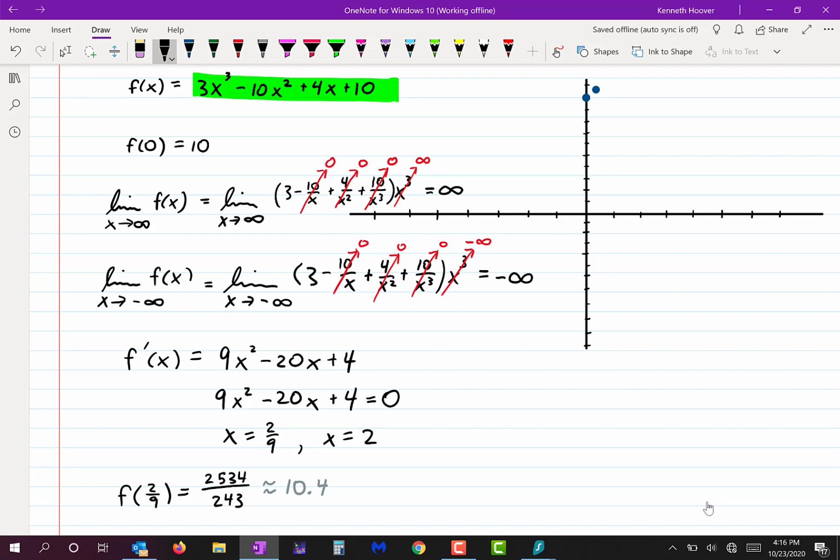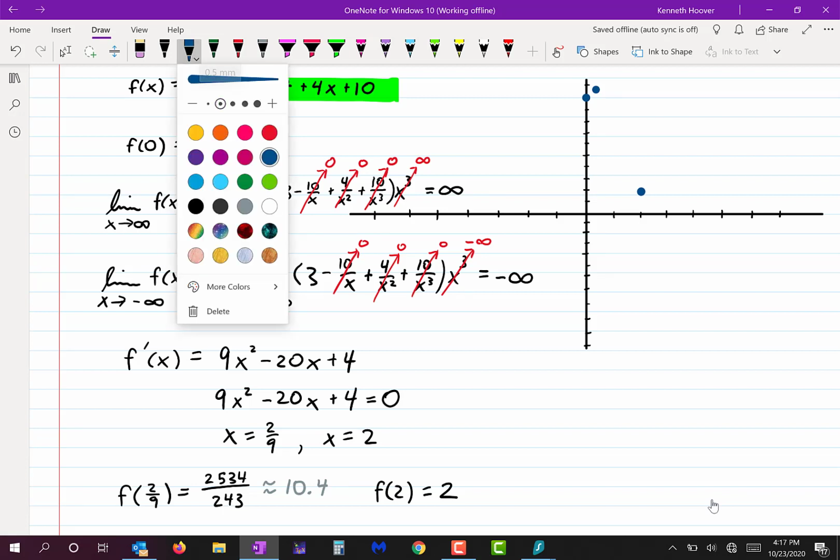Okay, let's plug in 2 and see what f of 2 is. f of 2 equals 2. I find that by just plugging 2 into the function. So we're going to have another critical point at (2, 2).